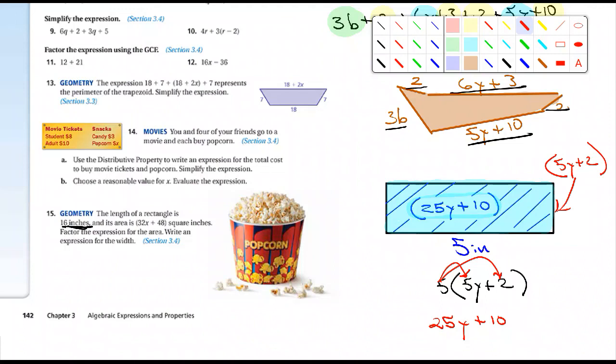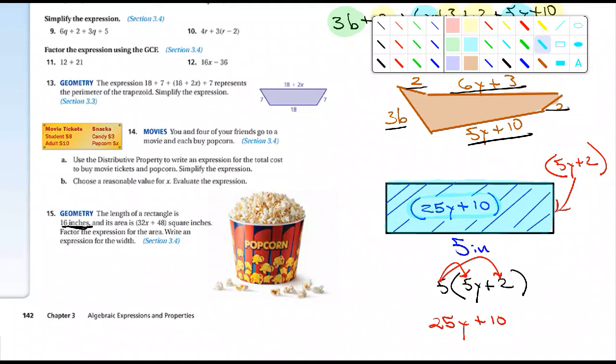Because remember that the area, which they gave us, is the two sides times one another, length times width. Okay, kind of complicated, but if you go back to this video and watch it again, I think you'll understand. And we've done a couple problems like that.